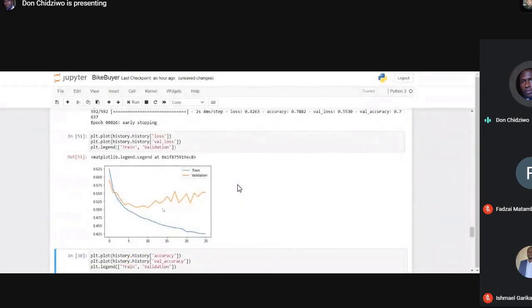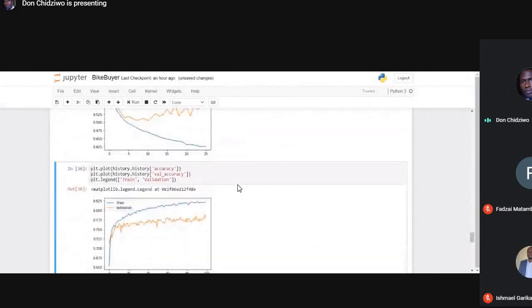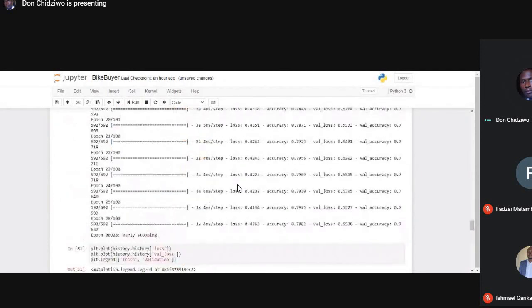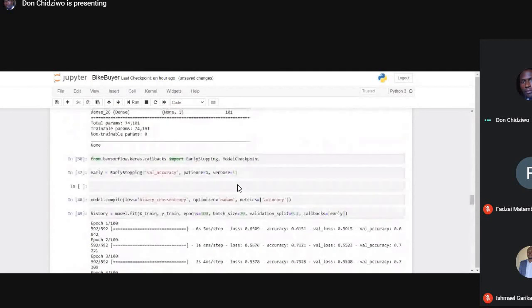Can you see the lines are now closer? It did not allow them to diverge too much. It stopped after 26 epochs.